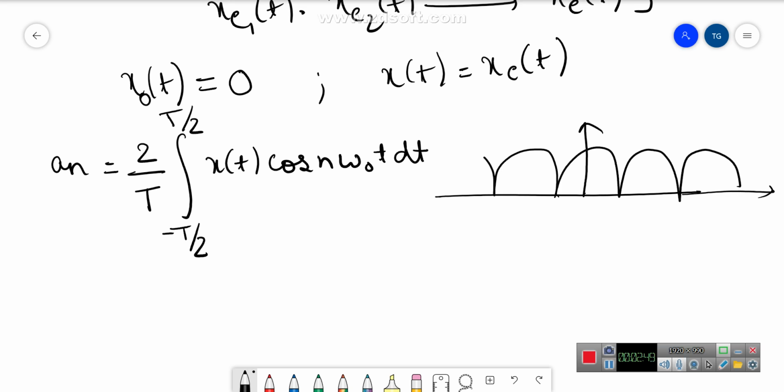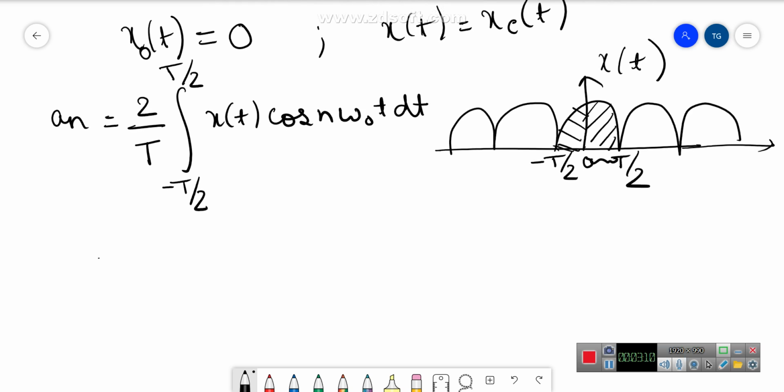This is an even signal, so this is x of t, suppose, and this is minus T by 2 and this is plus T by 2. Whatever is on this side from 0 to T by 2, exactly the same thing is here from 0 to minus T by 2.